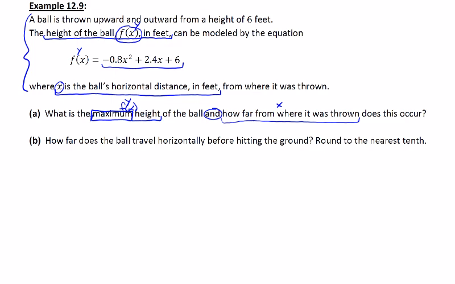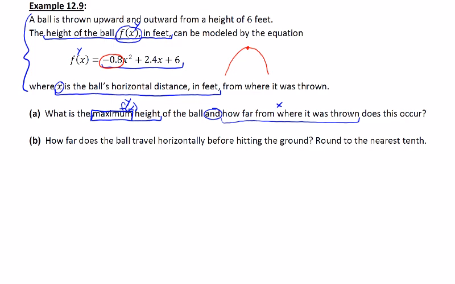So looking at the equation a little bit more closely, I can see that the a value is negative 0.8. That tells me that I'm talking about a parabola that's going to be opening down. And sure enough, if my parabola opens down, there must be a point where there is a relative maximum.